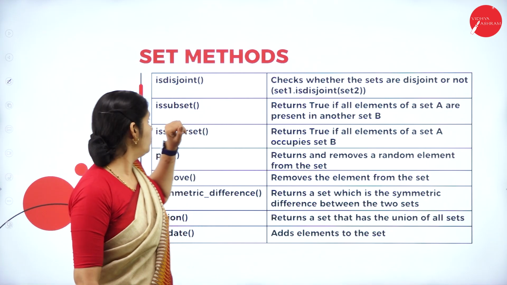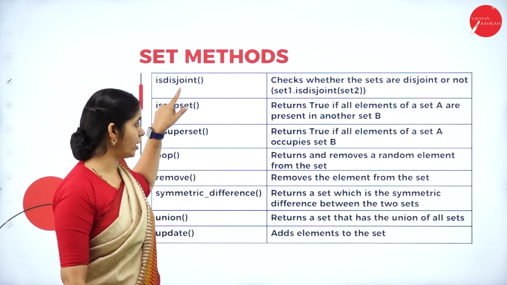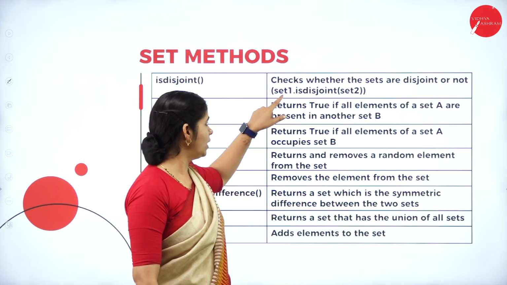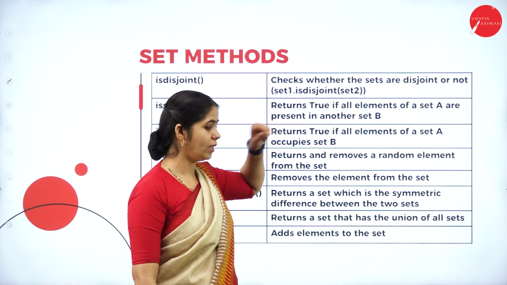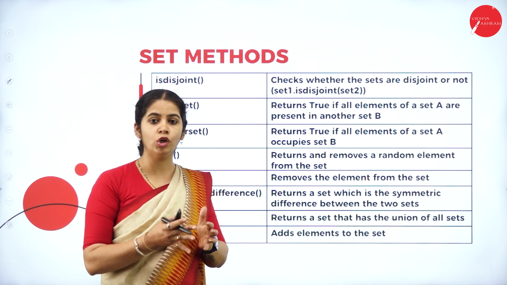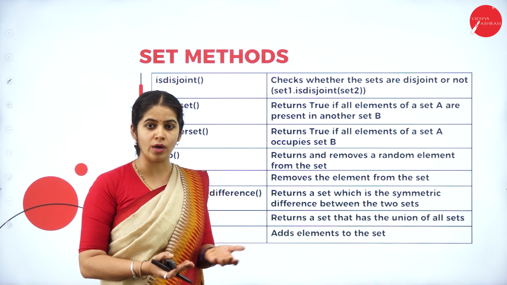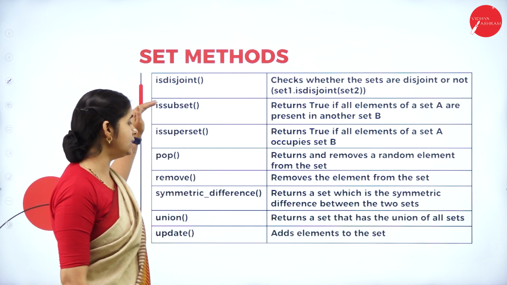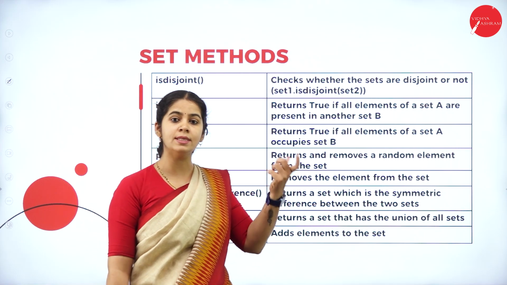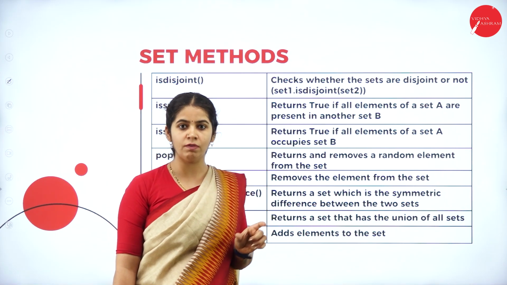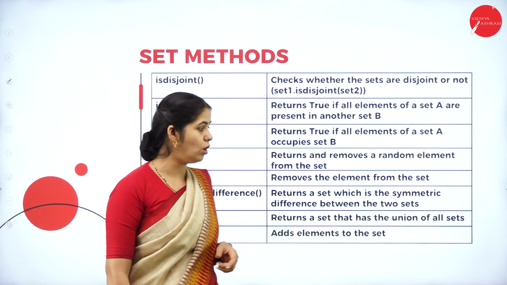Apart from that, we have isdisjoint. It will check whether the sets are disjoint or not. That is, if set 1 and set 2 are there, whether they have common elements together or not. It will always return a Boolean value. Then issubset. It returns whether the given set is a subset of the previous set, the parent set, or not.